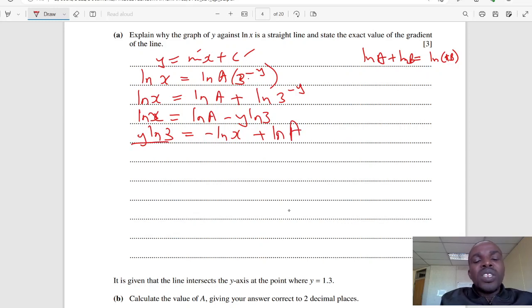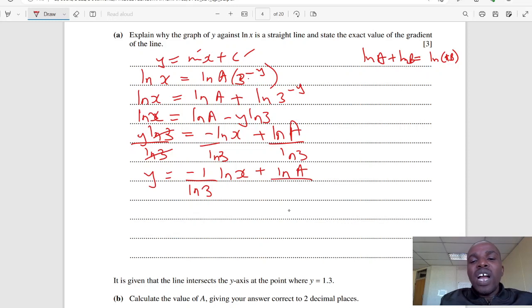Now you divide everything by ln 3, such that this side cancels out. So you get y = minus 1 over ln 3, then ln x, then plus ln a over ln 3.